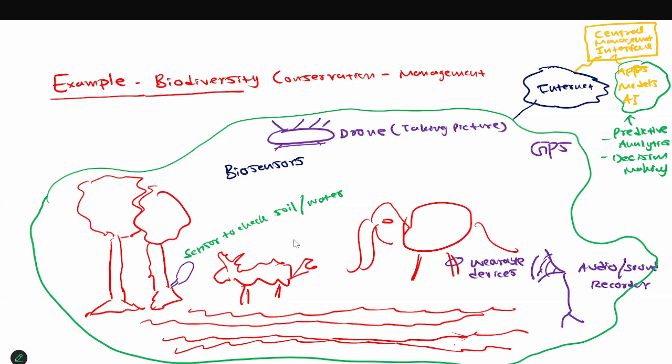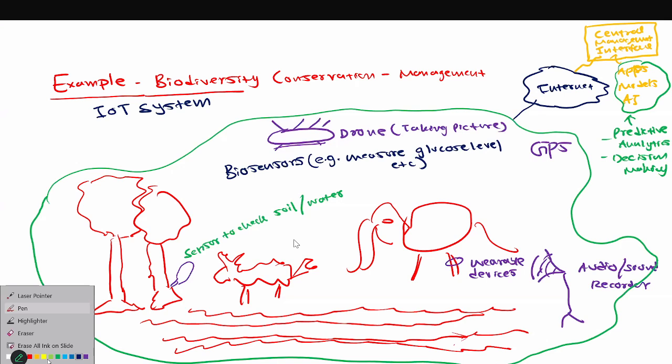They can measure even glucose levels, go into the blood and collect data, measuring glucose levels, nutrients, etc. So we can use this kind of a system to make this biodiversity conservation effective using IoT. So this is an example IoT system. Now, IoT means Internet of Things.